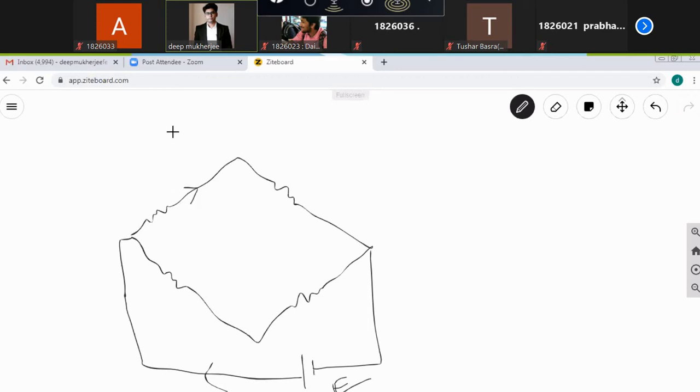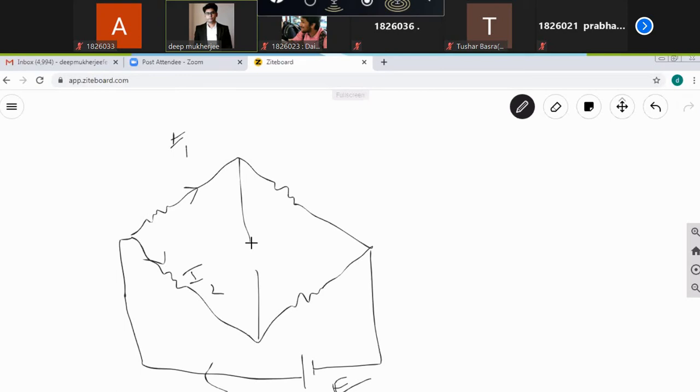It is divided. Suppose we have considered this as I1, and this is your I2. Now this is your output connection, here.